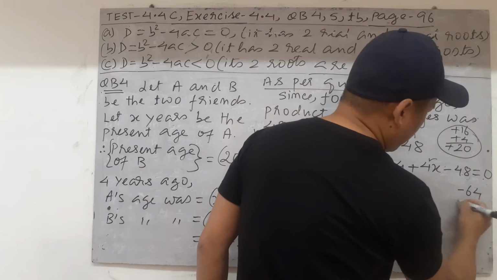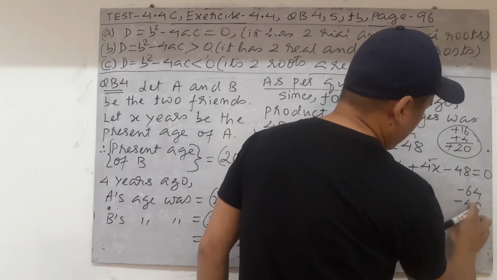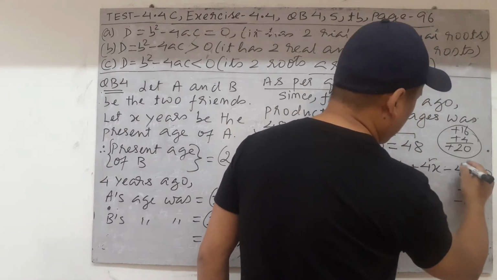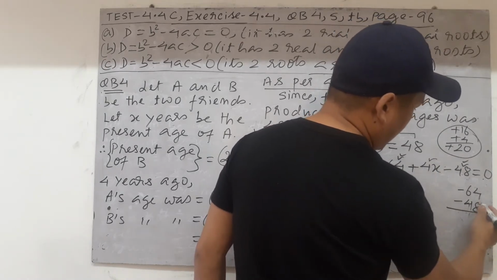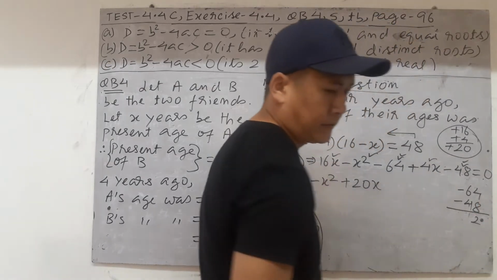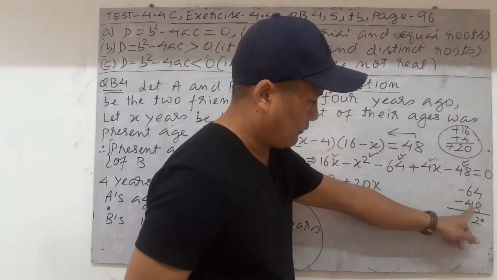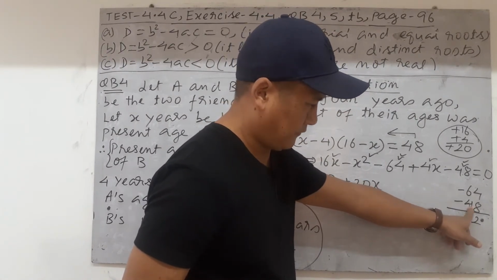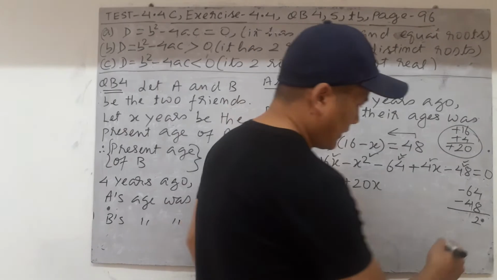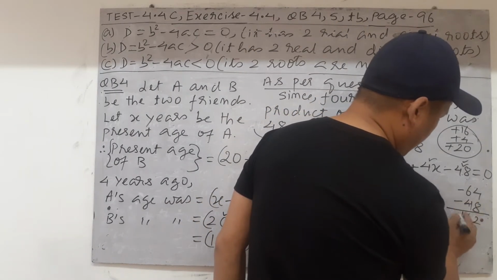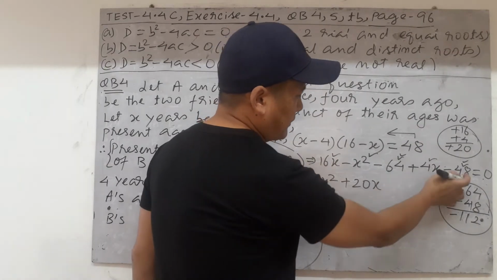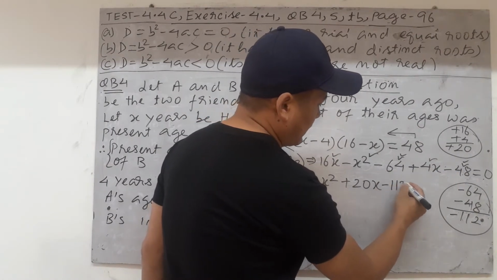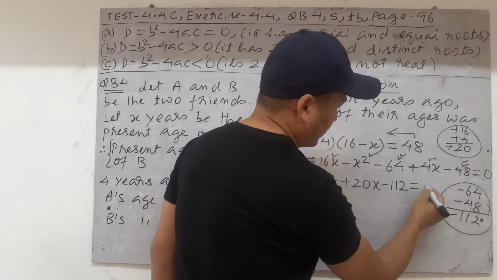These two here. Both minus means we add, so 8 plus 4, 12, 1 in hand. Write 1 remainder plus 4, 5 plus 6, 11. So both minus means here also minus. So minus 64 minus 48 combined, minus 112 is equal to 0.